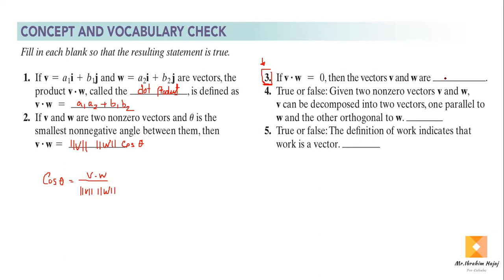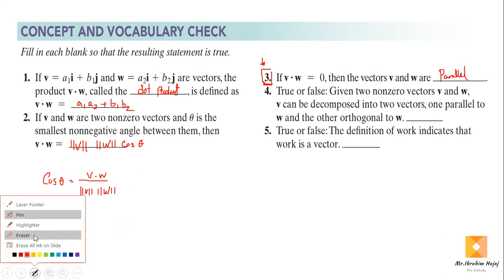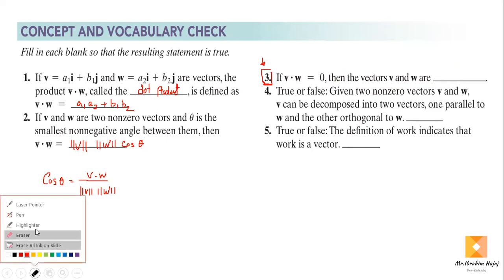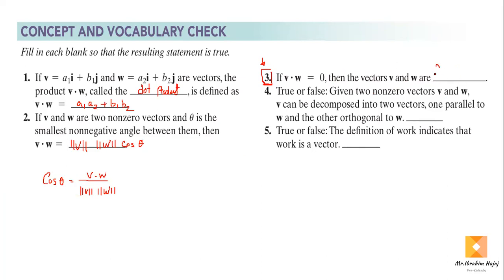When the angle is 0, they are parallel. Is this correct, guys? No, they are orthogonal, because it is not asking about the angle, it is asking about the dot product being 0. So they are orthogonal.